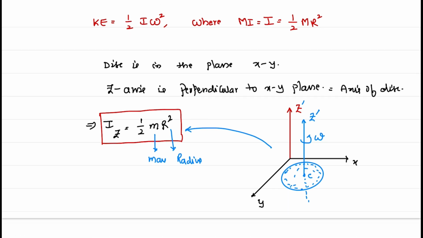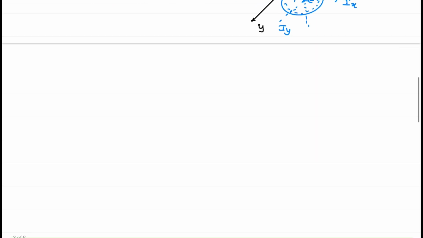Now, this is Iz. Then in the direction of x it will be Ix, in the direction of y it will be Iy. There will be three components for the moment of inertia.